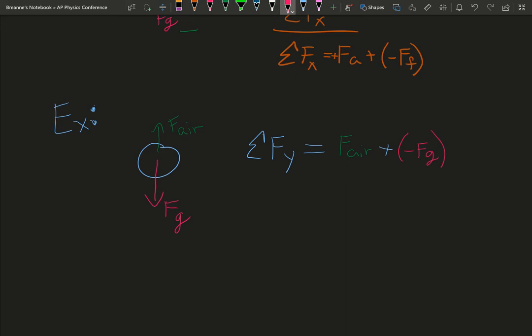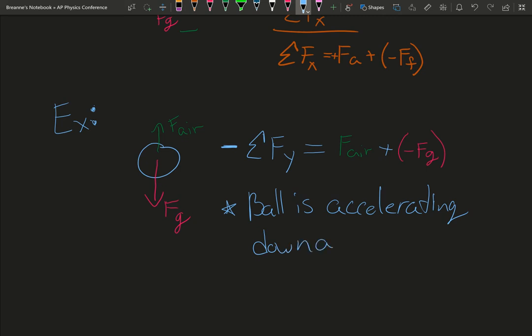And since we know force of gravity is going to be bigger because of the way we drew it, we know that our net force is going to end up being negative, because it's going to end up moving down. So the ball is accelerating down.